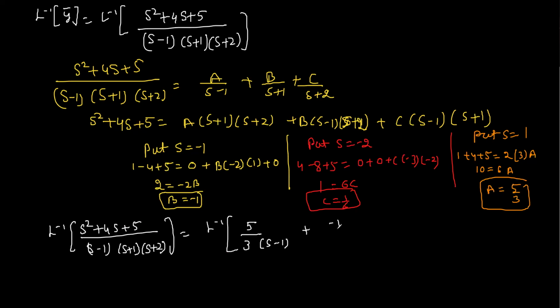B is minus 1 upon s plus 1. And C is 1 by 6 upon s plus 2.